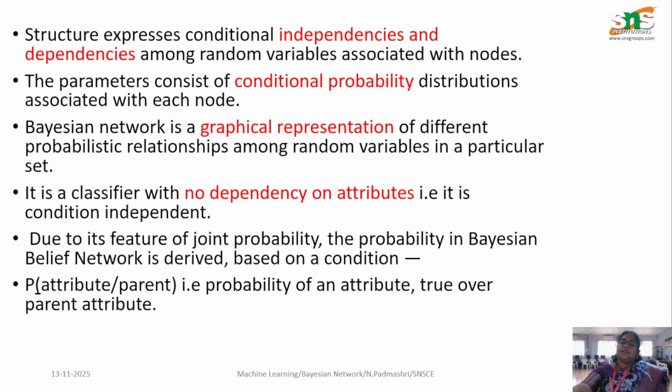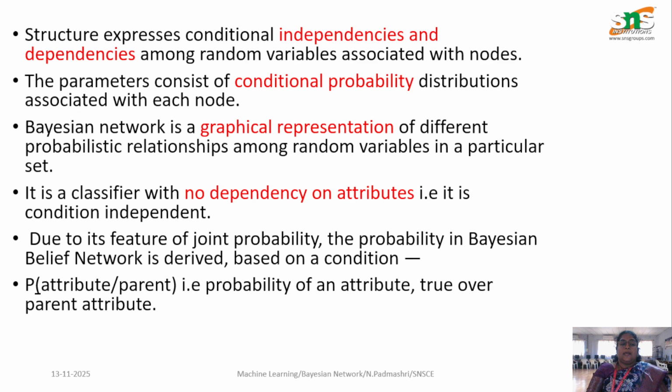So, due to this joint probability, we say A is dependent on B, the probability of A depends on the probability of B. Because of this, the probability in a Bayesian belief network is derived based on P of attribute given parent, the probability of an attribute being true given the parent attribute.